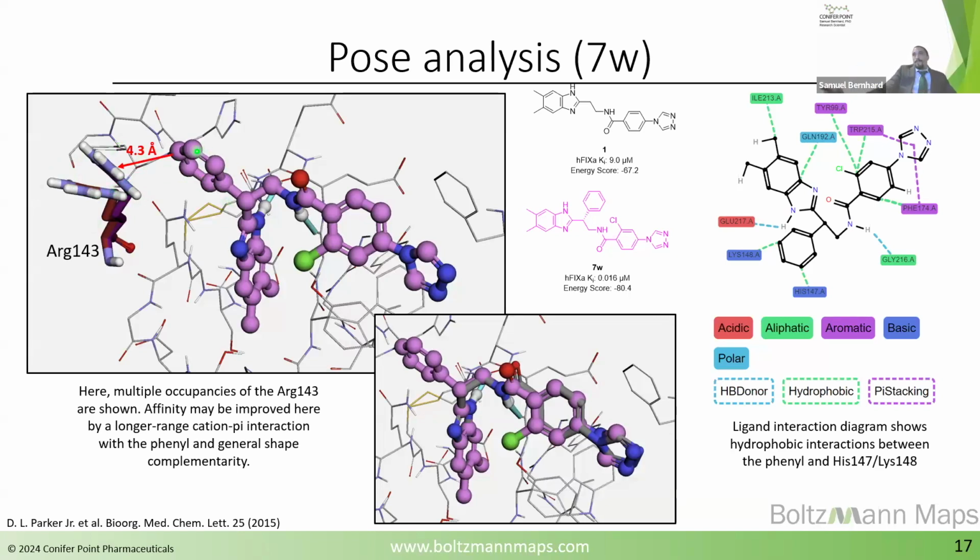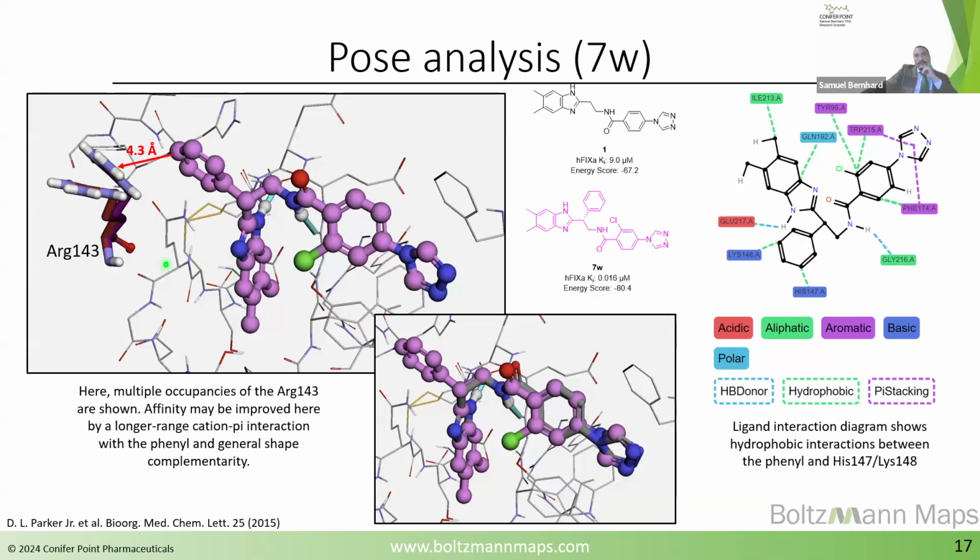Right, so a couple of hydrophobic contacts is not likely to give us this 16x increase in affinity from the 7O's 60 nanomolar to the 7W 16 nanomolar.